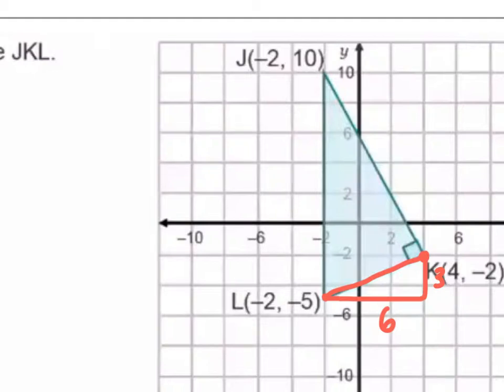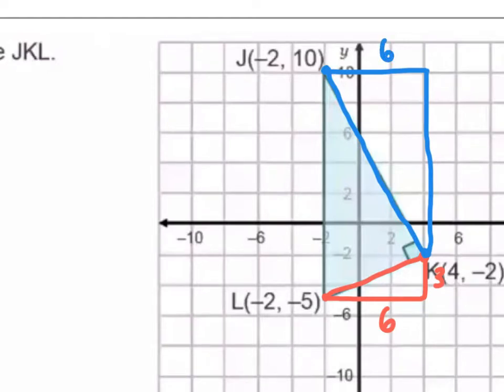Let's go ahead and do the same thing for JK. And just so you know, I'm not kidding about this. I'm serious about finding the length of JK. So draw your right triangle for both of them. Here, I know that we go from -2 to 4, so this is a length of 6.